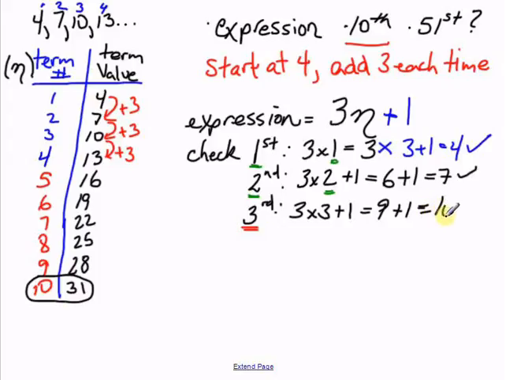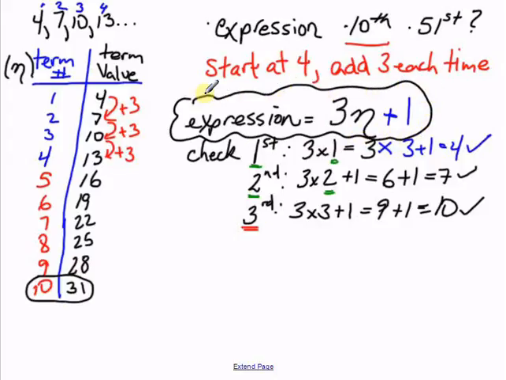That's 10. 10 is the third number in the pattern. Boom. Now that I've checked all 3 of these, I am very confident, I know for sure, that this expression is correct. I can take any term number, multiply it by 3 and add 1, and I will get the proper term value. This is going to help me so I don't have to extend my chart a ridiculous length.